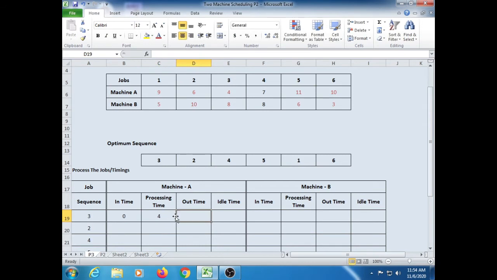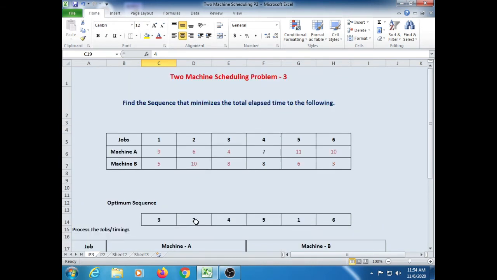That means the first job, that is job 3, we are processing on machine A at 0 time. So 0 is the in time, we started at 0 time. How much time we have to process job 3 on machine A? That is 4 hours.